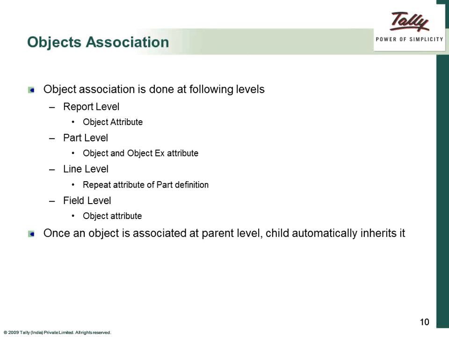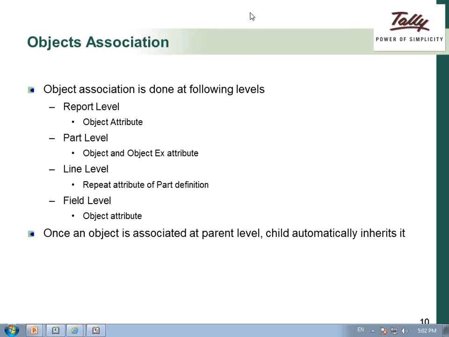Generally, this kind of association is required in most of my invoices because my entire invoice would be in the object context of my object voucher, whereas a particular area where I am printing my company name, address, and other details has to be my company details. So there I will make use of the object EX. Clear, everybody? Yes? No? Clear.